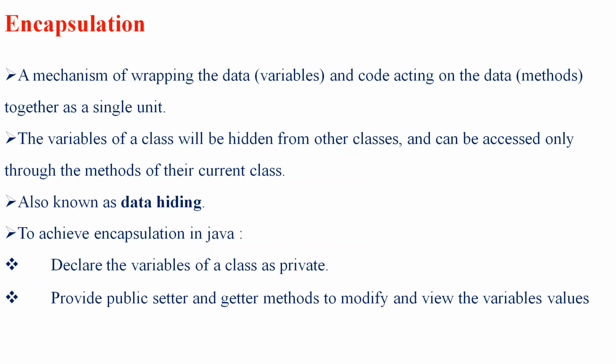By providing the setter as well as the getter method, we can make a class read-only or write-only. So by providing public setter and getter methods, we get read-only and write-only functionality in encapsulation.